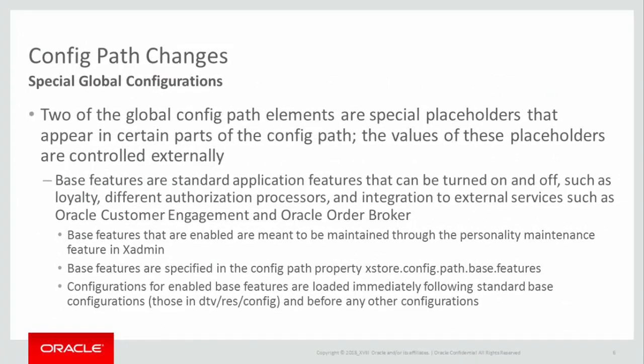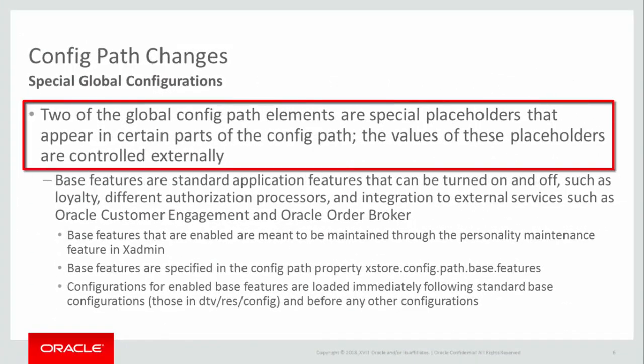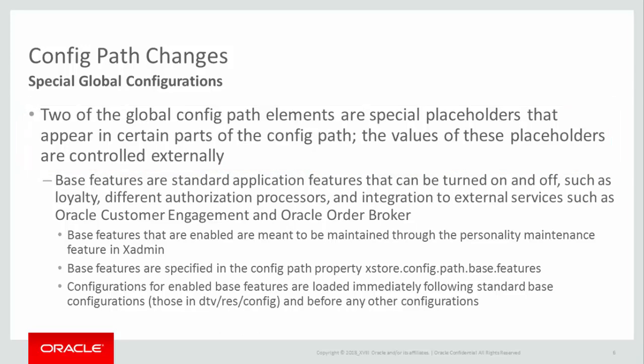Special global configurations. Two of the global config path elements are special placeholders that appear in a certain part of the config path. The values of these placeholders are controlled externally. Base features are standard application features that can be turned on and off, such as loyalty, different authorization processors, and integration to external services such as Oracle Customer Engagement and Oracle Order Broker.